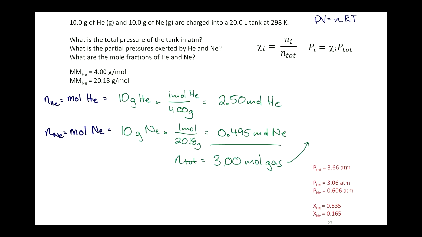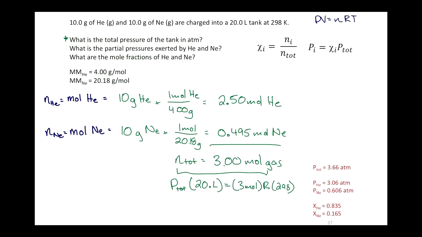And that's how we get that first question here. So I'm actually calculating P total in this case. So P times 20 liters equals N, so 3 moles, times R times temperature, so times 298.